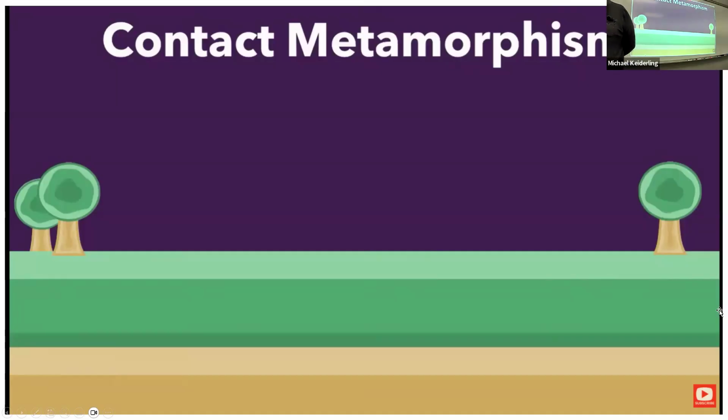So imagine that one day an intrusion of magma forces its way up through these layers of rock. Now, all of the existing rock is going to be burned by the heat of the magma. So all along the edge of this magma, shown here in orange, you're going to have rocks that have been burned by the heat of the magma. That burning causes them to change or metamorphosize into something new.